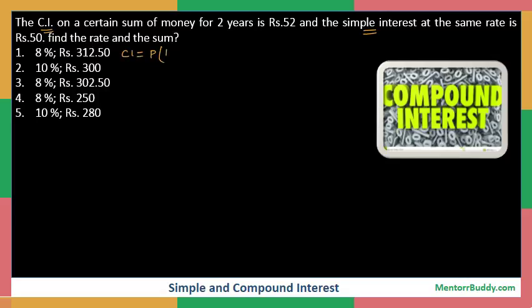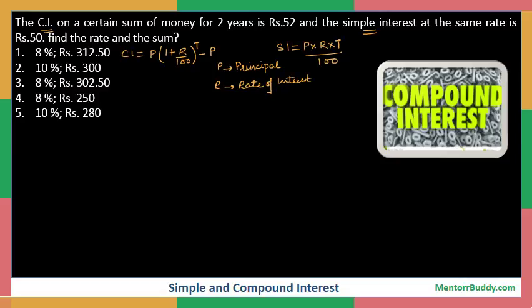It is P multiplied by (1 plus R by 100) to the power T minus P, whereas the formula for simple interest is P multiplied by R multiplied by T divided by 100, where P in both the cases stands for principal, R stands for rate of interest, that is percentage value, and T stands for time in years.